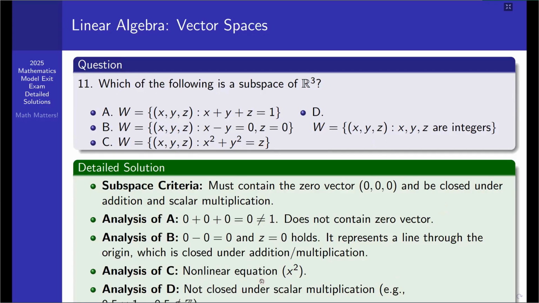Therefore, the answer for this one could be alternative B. It includes 0, and it is also closed under the two basic operations, addition and scalar multiplication. Therefore, the possible subspace of R cubed will be B, which is x, y, z where x minus y is equal to 0 and z is equal to 0.